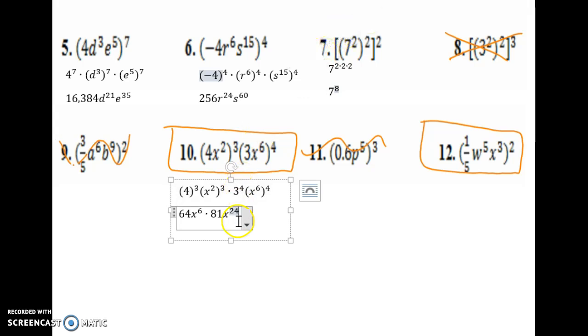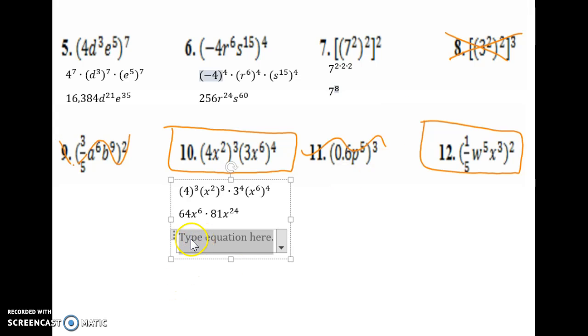But we're not done, because we can still combine like terms. So this is going to be 64 times 81. We're going to combine like terms, and I'm just going to write it in math type here so you can see it.